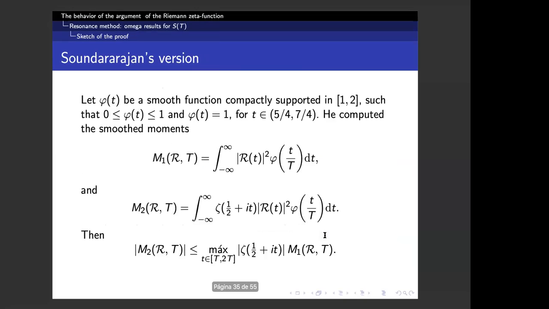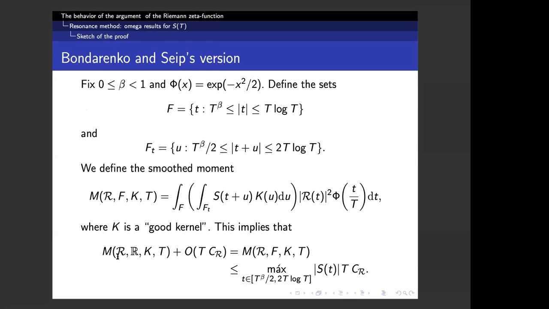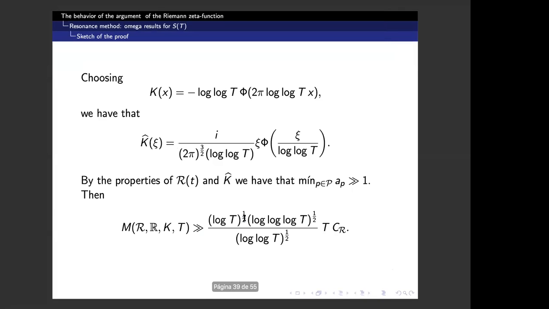And now you will see that you replace this moment, t, this constant, and you kill all this part, and finally you can obtain that this maximum of this function here is bigger than exactly this function here. (log t)^(1/2) over (log t)^(1/2). So this implies the result of Bondarenko and Seip.